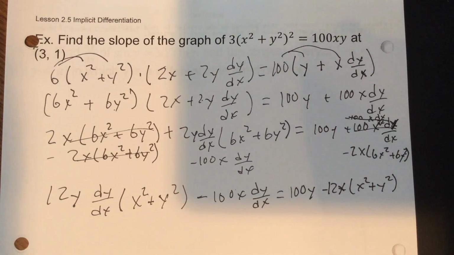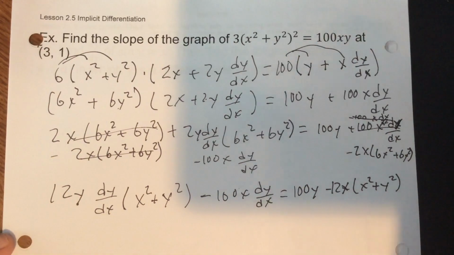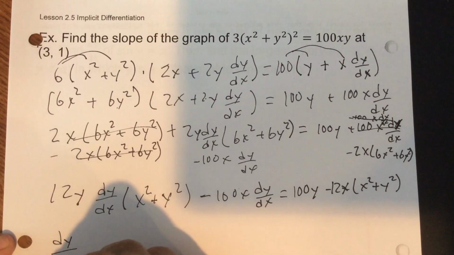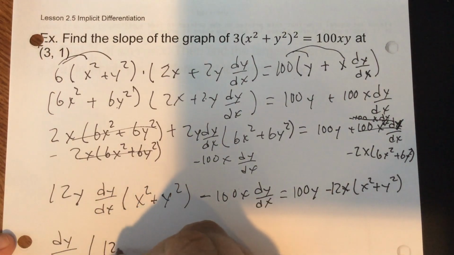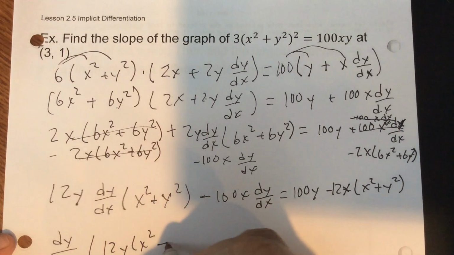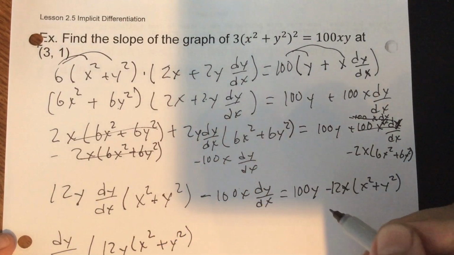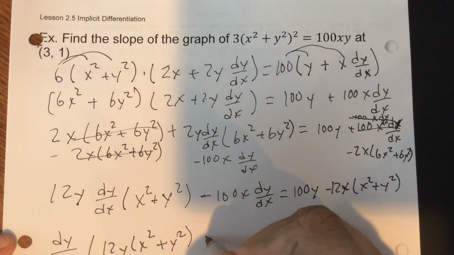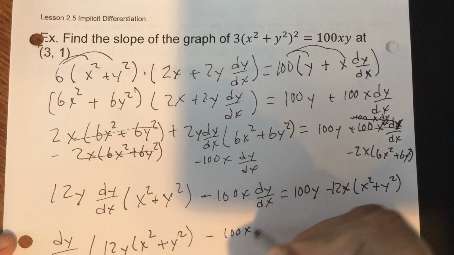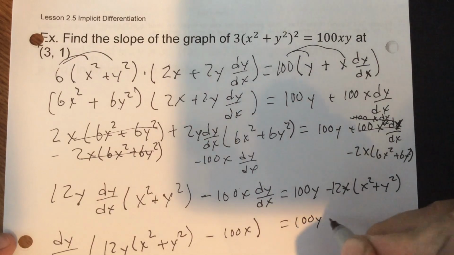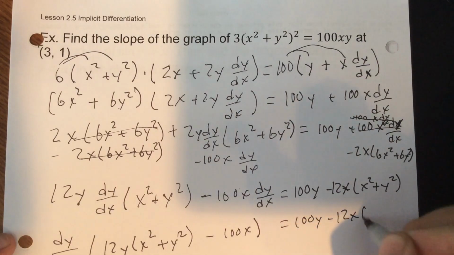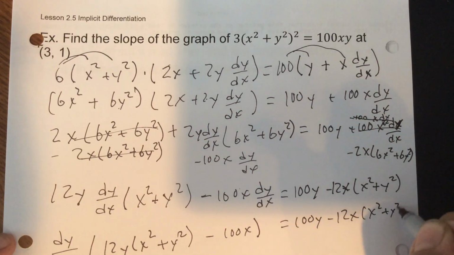So from there, we can pull a dy dx out on this left side. So dy over dx. What would be left then is 12y times x squared plus y squared, and here, minus 100x, equaling our 100y minus 12x times x squared plus y squared.